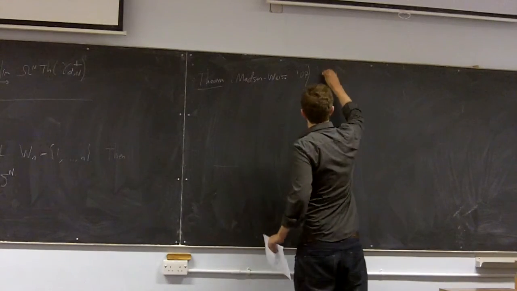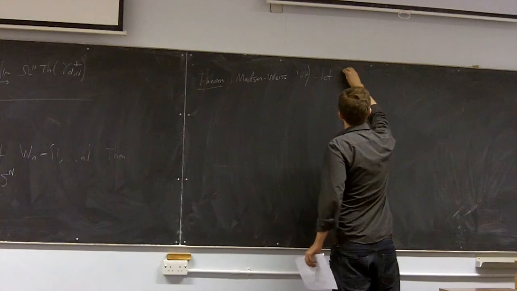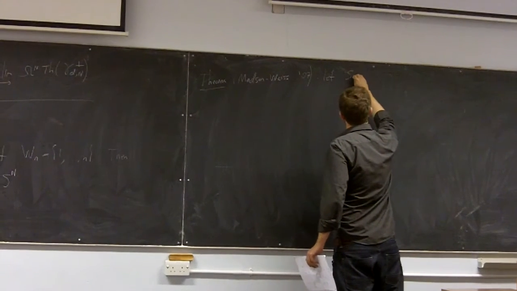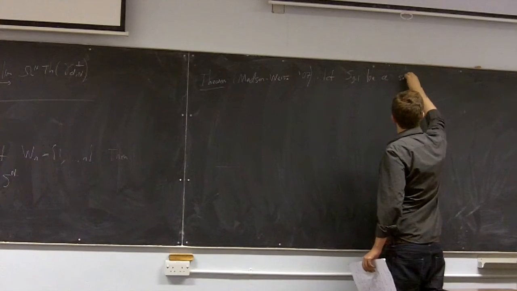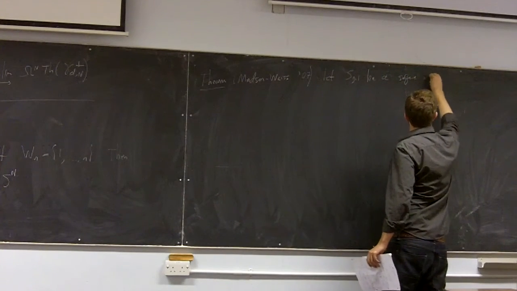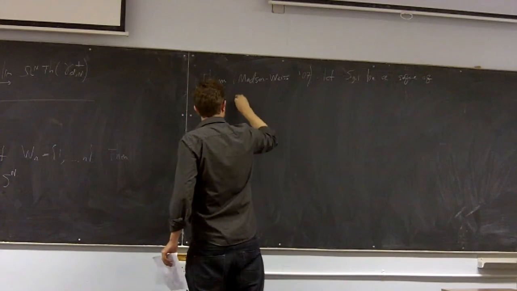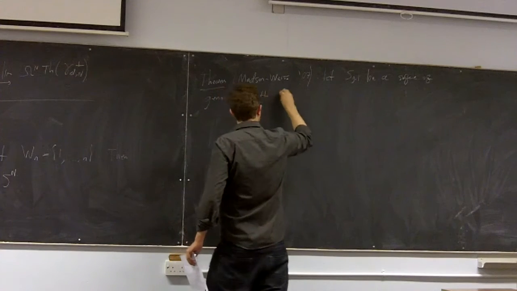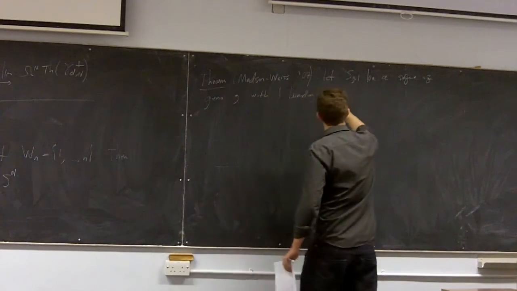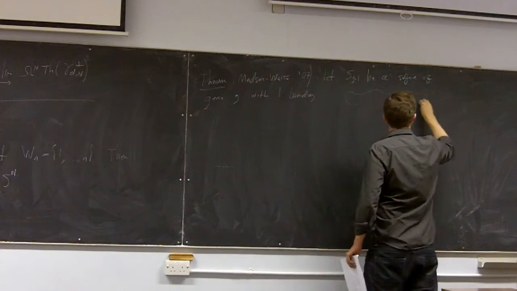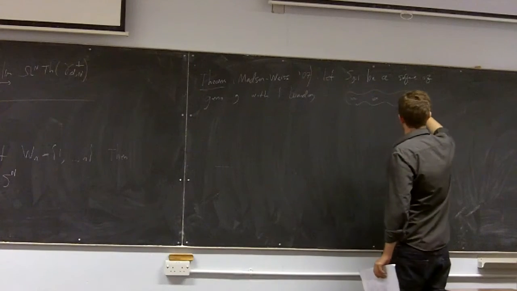So let me write S_{G,1} be a surface of genus G with one boundary, i.e. the standard picture that one draws in such situations like this.